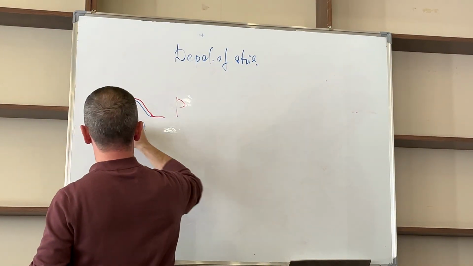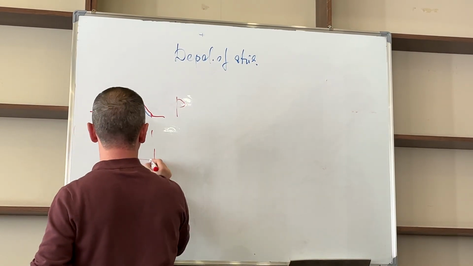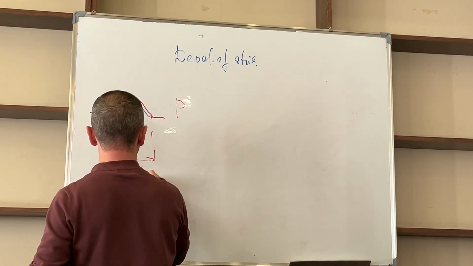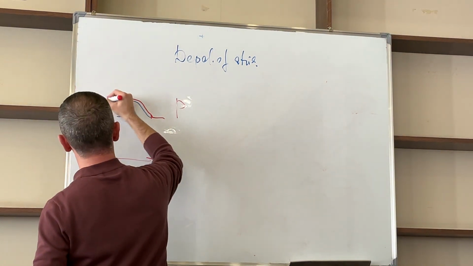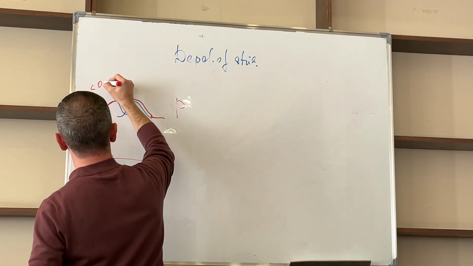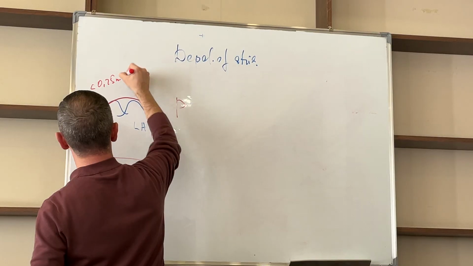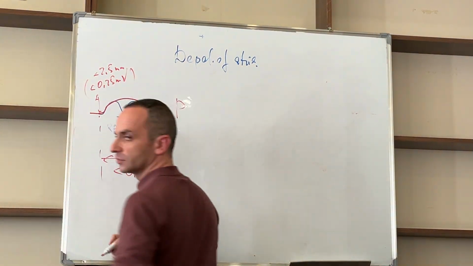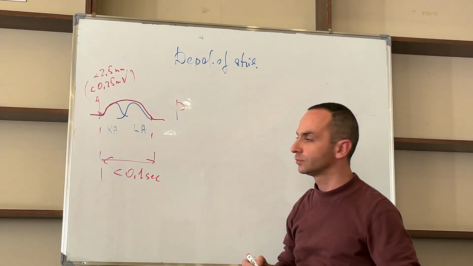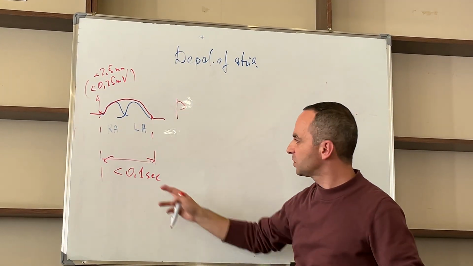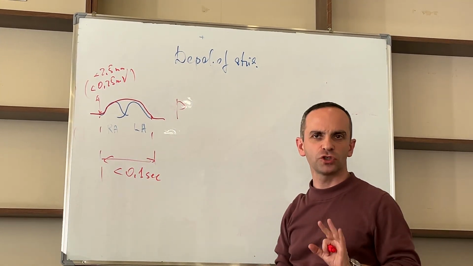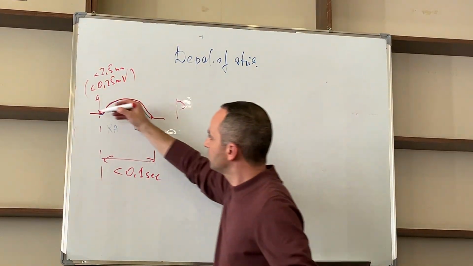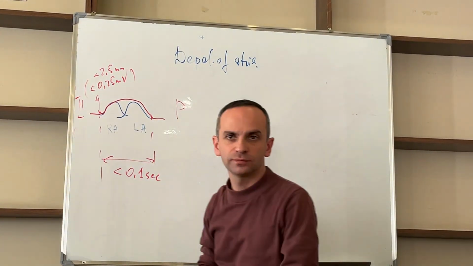P wave ECG criteria. Duration should be less than 0.1 second. Amplitude should be less than 0.25 millivolts or 2.5 millimeters. It's the same. For example, 0.11 is already a pathological P. It is in the second lead.